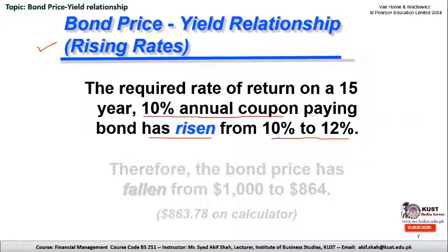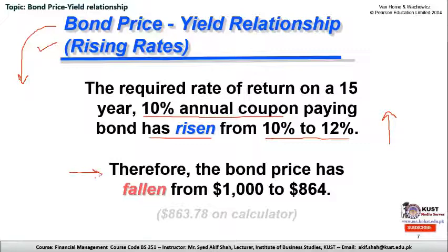So the market required rate of return has increased by 2%. Therefore, the issuer of this bond will have to reduce its price to make this investment attractive to the investor, so they do not go for investing their money in other available opportunities. This is the major reason why bond prices normally decline in response to an increasing market required rate of return.